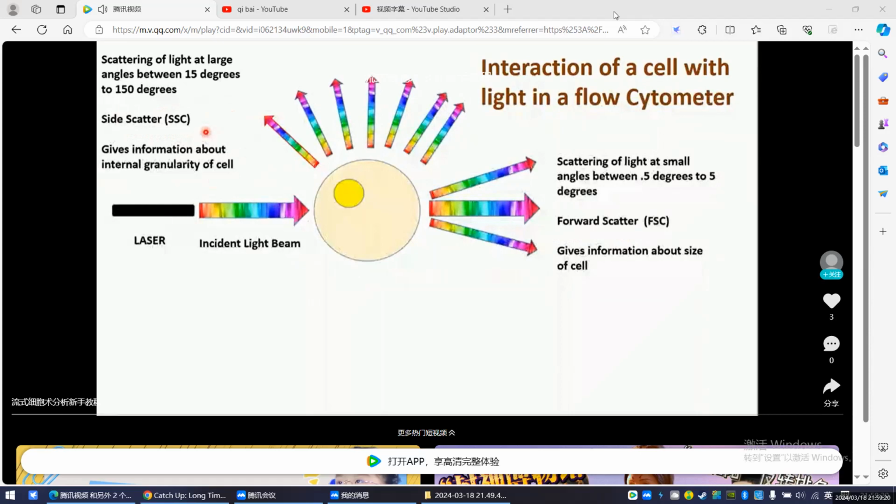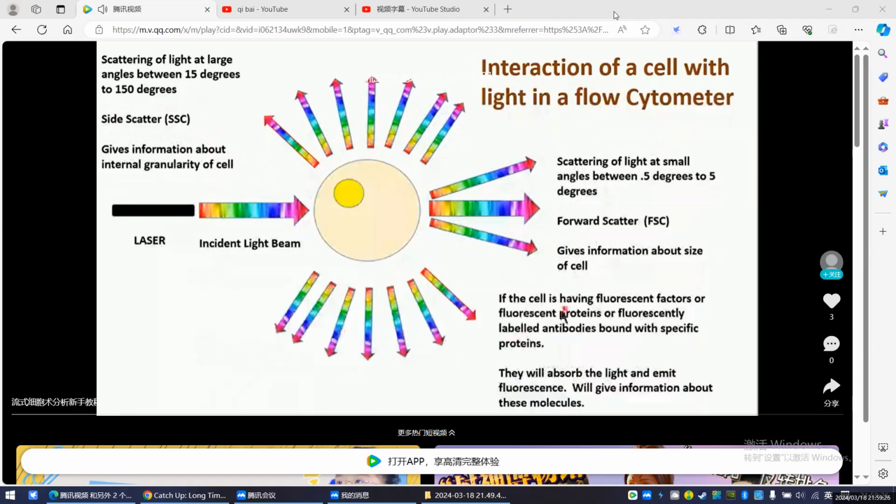Forward scatter is giving us information about the size of the cell, and side scatter is giving us granularity. Now if the cell has fluorescent factors or fluorescent proteins or fluorescently labeled antibodies which are bound to a specific protein, then a third type of interaction will come.